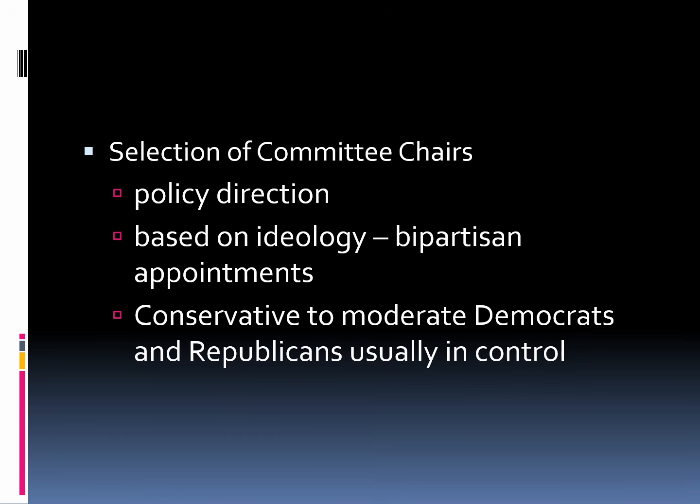Now, the committee chair is almost always coming from the majority party, but not always. There are some powerful committees out there that are being chaired or at least co-chaired by someone from the minority party. So it's not particularly based on ideology, but it's usually because the appointments are bipartisan. There's got to be people from both parties represented on that committee, and they tend to be more conservative to moderate.